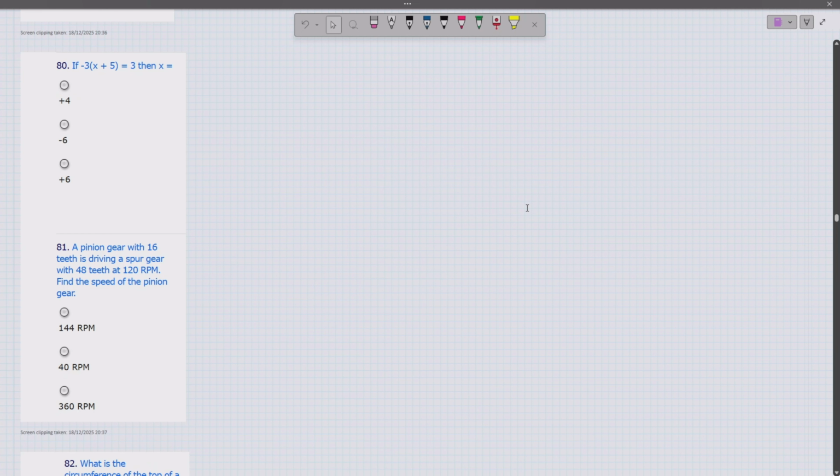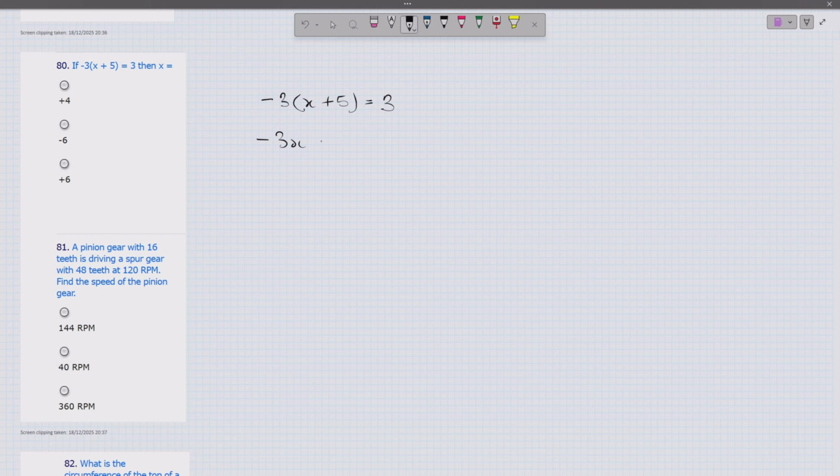Question 80. If minus 3 into x plus 5 equals 3, then x will be... you expand the bracket, so you have minus 3x minus 3 times 5, minus 15, equals 3.